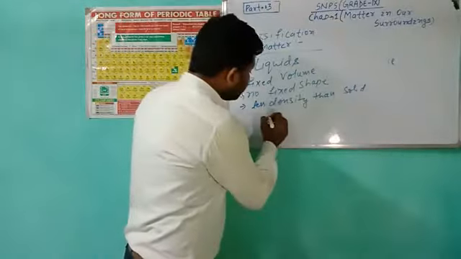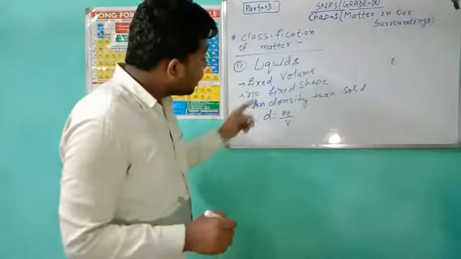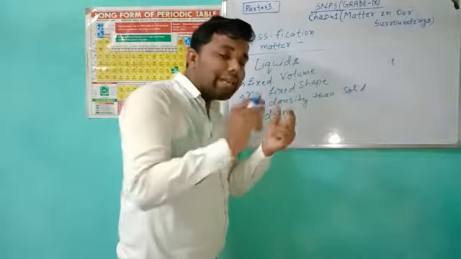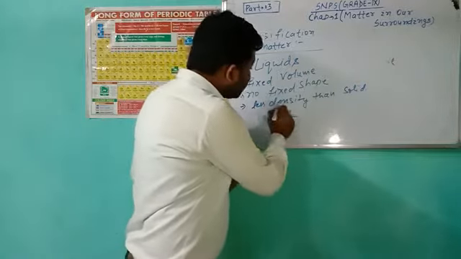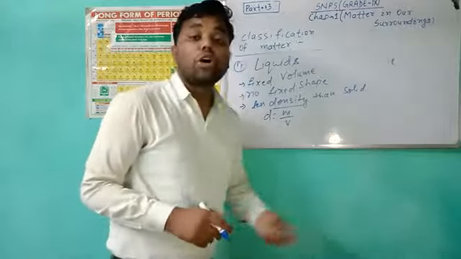Why? Because density is all about mass per unit volume, and in liquids the mass contained in a particular volume is less than in solids. So we can say that the density of liquids is less than that of solids.